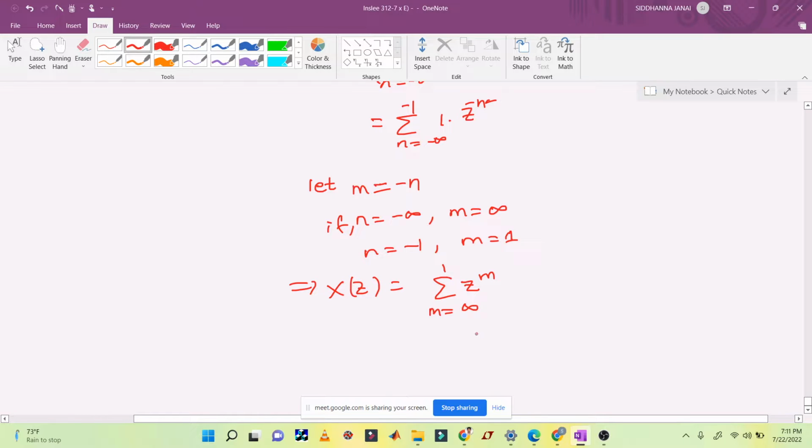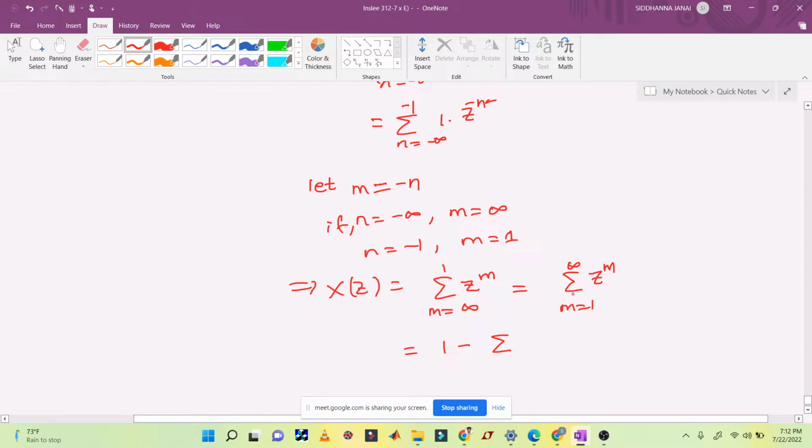Let me rewrite the limits as m is equal to 1 to infinity. Whether you do summation from infinity to 1 or 1 to infinity, it is the same. That's why I can interchange the limits, and directly write summation m is equal to 1 to infinity z power m.